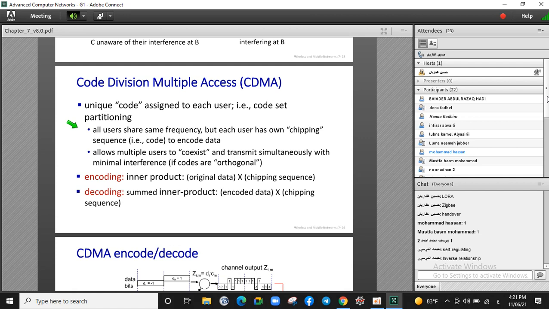So in this case, I can have coexistent users who send information simultaneously in my network.